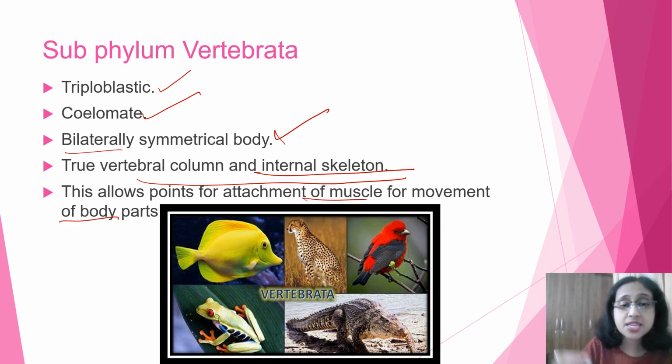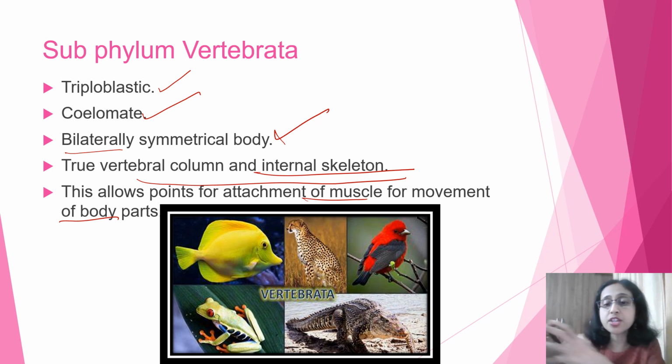So this vertebral column is actually the point of attachment of all the muscles which make the body move. We can say that when the bone is joined to the skeleton system, only then is there movement. When we are studying movement and locomotion, we can say that the bones along with the muscles help us to move our body. So it's a coordinated movement of bones and muscles.